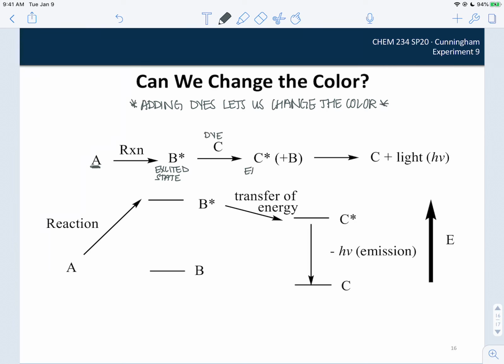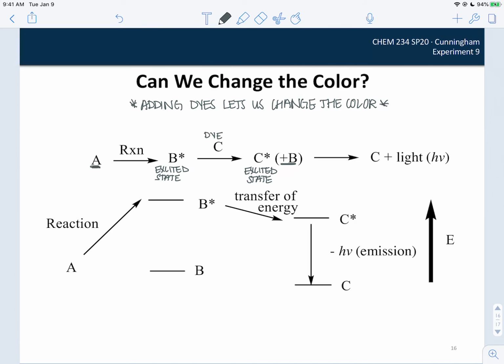Now what we've got is excited state dye, and we've also got B, which has relaxed. So we've had this energy transfer between the excited state of B and our dye, which was in the ground state and is now excited.